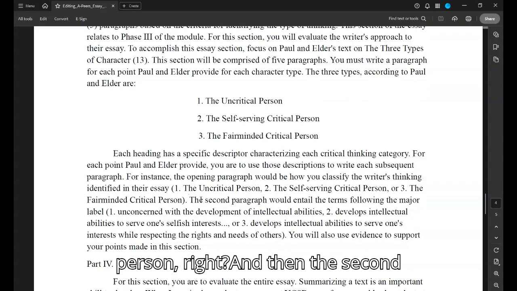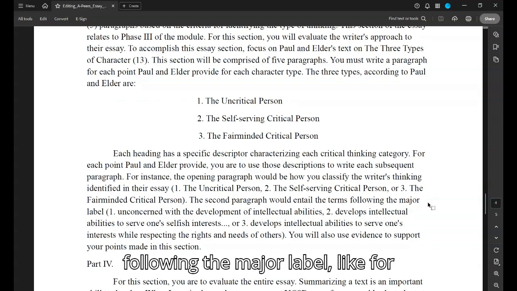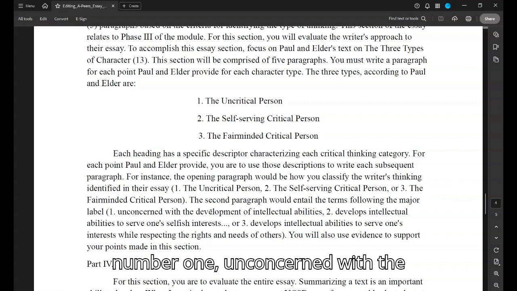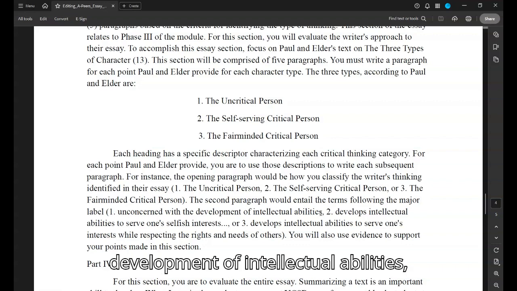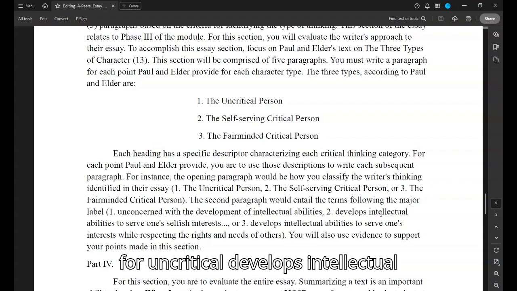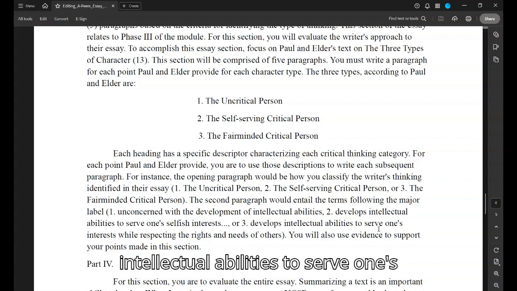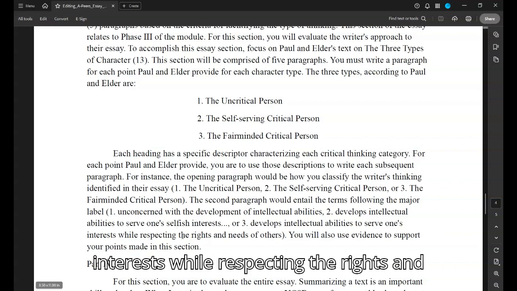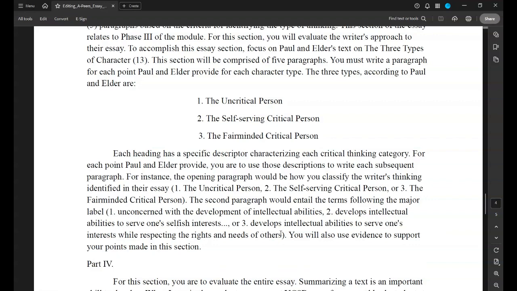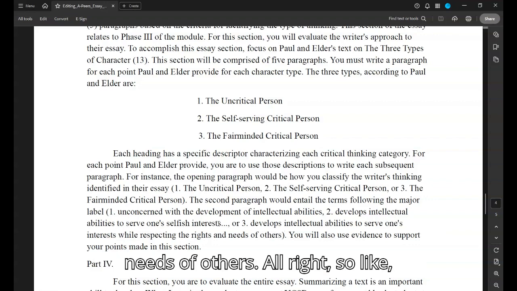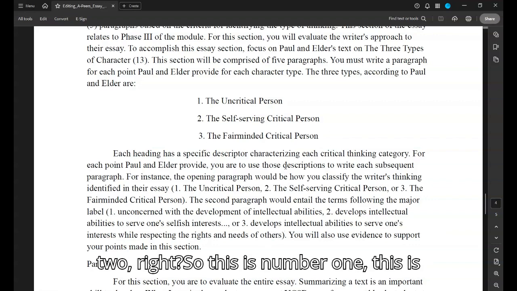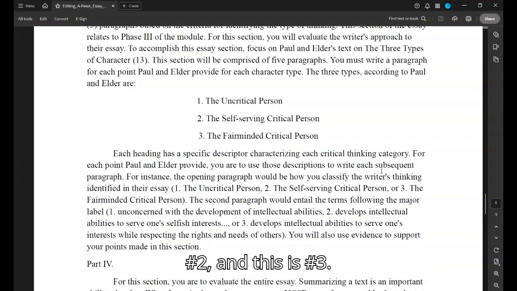And then for the second paragraph, you would entail the terms following the major label, like for number one, unconcerned with the development of intellectual abilities for uncritical; develops intellectual abilities to serve one's selfish interests; or develops intellectual abilities to serve one's interests while respecting the rights and needs of others. So these are some characteristics for these, right? This is number one, number two, and number three.